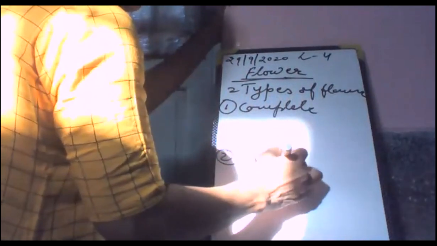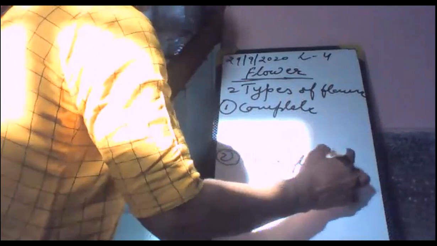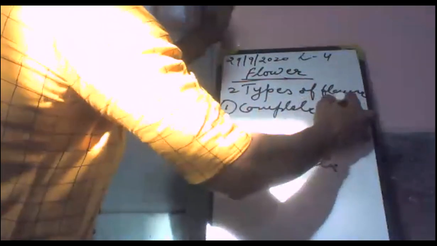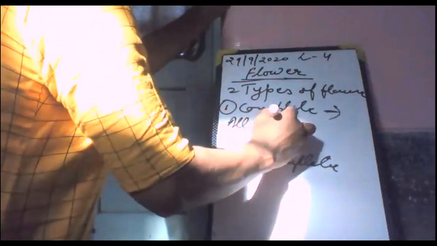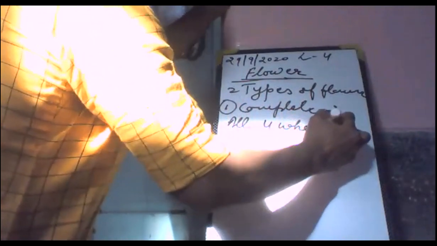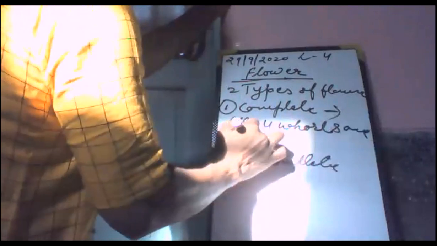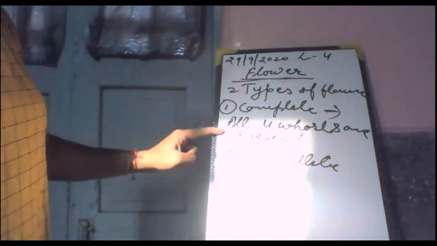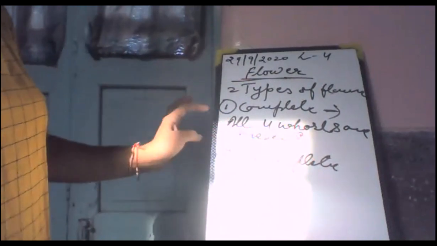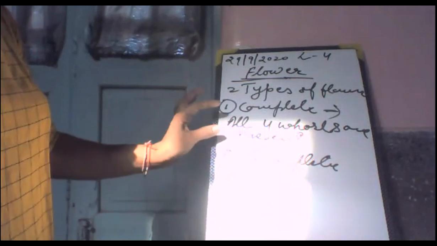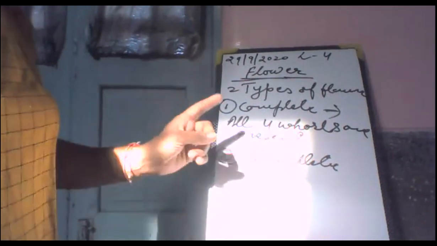In a complete flower, all four whorls are present. It means it has calyx, corolla, androecium and gynoecium. All four whorls are present in the flower, and that type of flower is known as a complete flower.